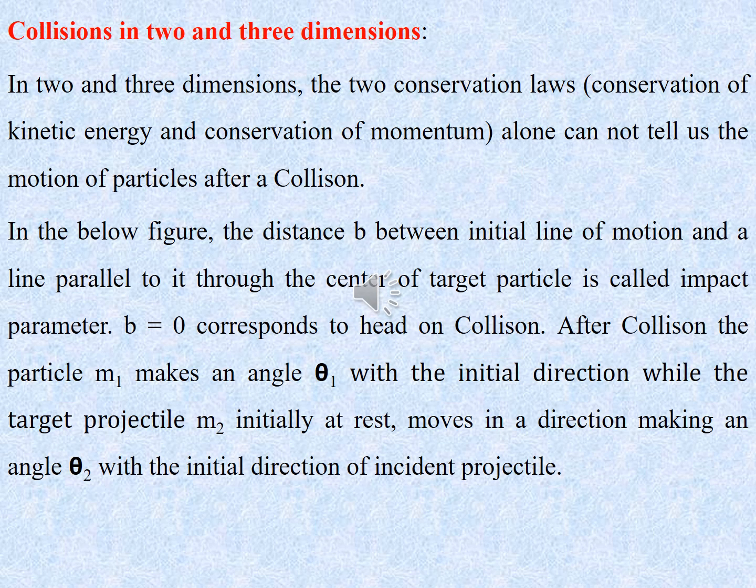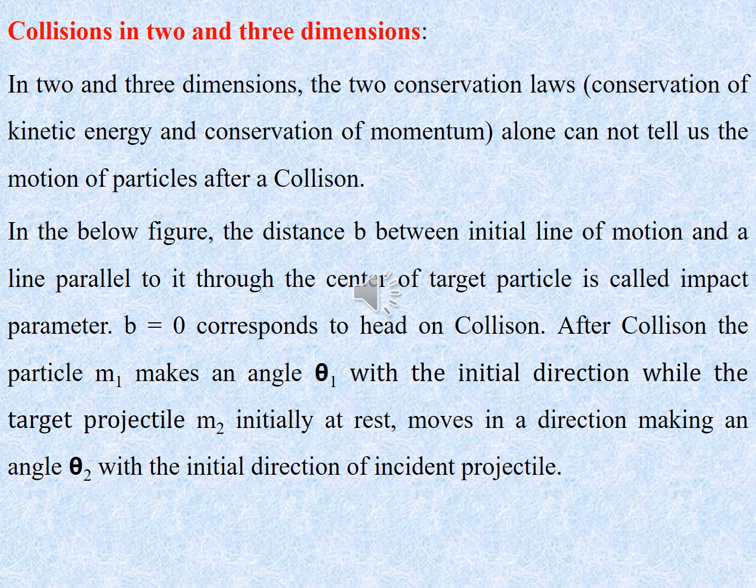In the previous class we studied collisions in one dimension. Here we are studying collisions in 2 and 3 dimensions. In 2 and 3 dimensions, the two conservation laws, conservation of kinetic energy and conservation of momentum, alone cannot tell us the motion of particles after a collision.